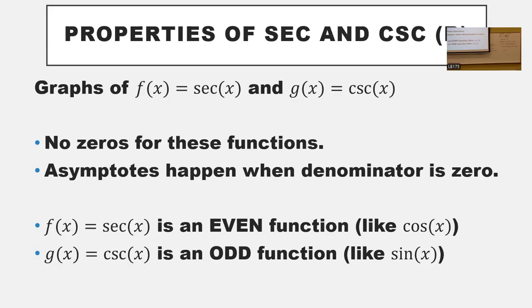By the way, secant is even and cosecant is odd. Secant is even because cosine is even, and it's just the reciprocal of cosine. Cosecant is odd because cosecant is the reciprocal of sine. Does that make sense?